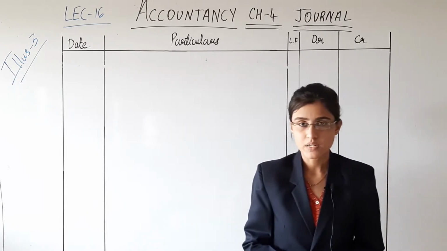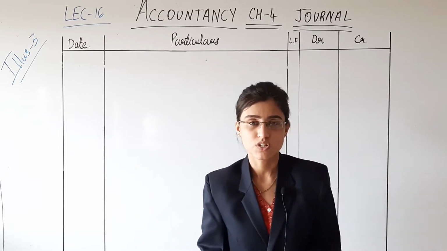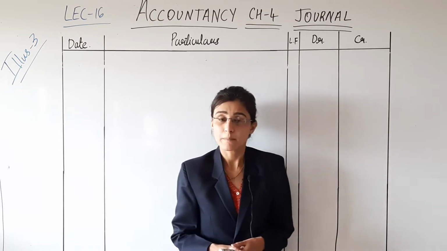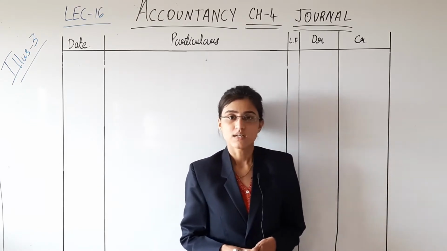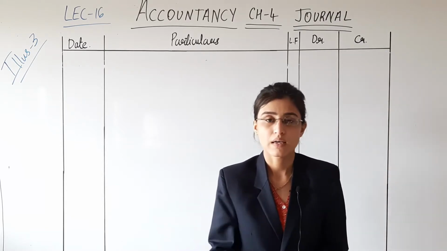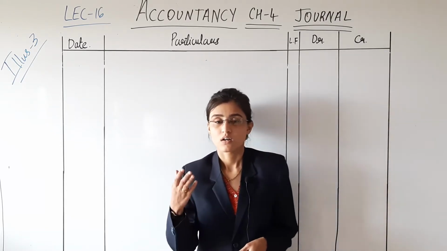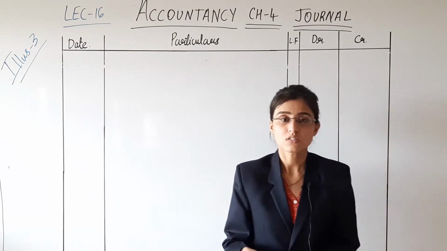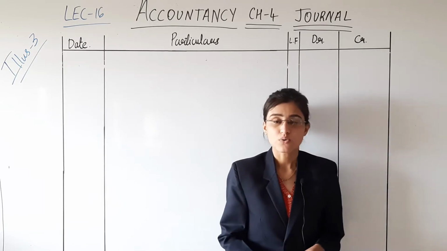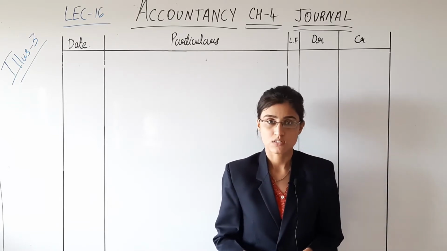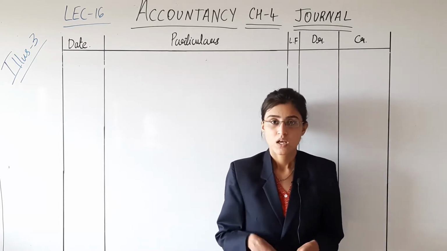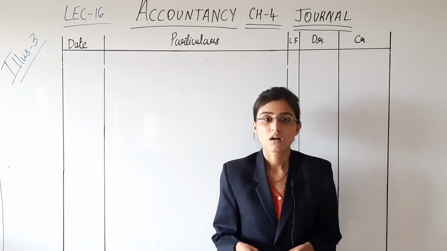So far we have completed two illustrations, that is illustration 1 and illustration 2, which is about combined journal entry. In the previous lectures of this chapter, I have taught you how to write down journal entries, for which you should be aware of the rules of accounts, rules of debit and credit.